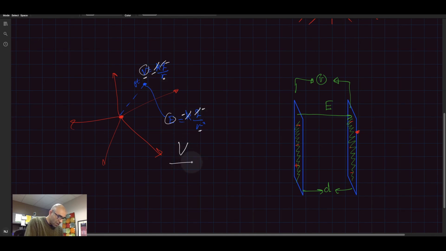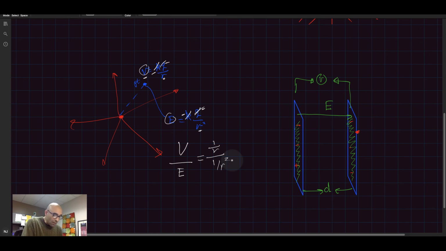So I'm going to say V over E, dividing this equation by this one. V over E is equal to, K and Q cancel with each other. What you have left is 1 over R divided by 1 over R squared.